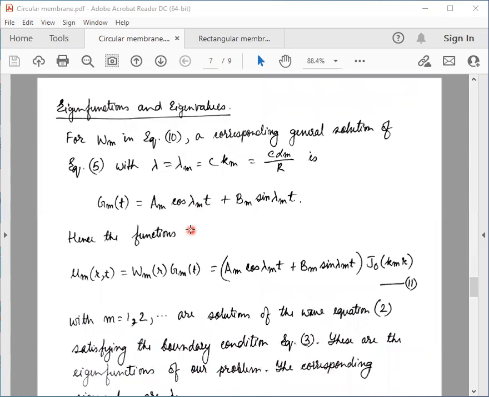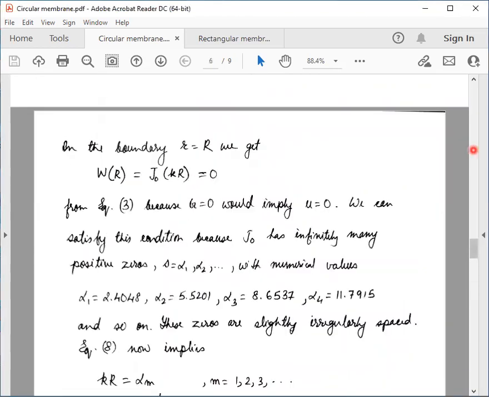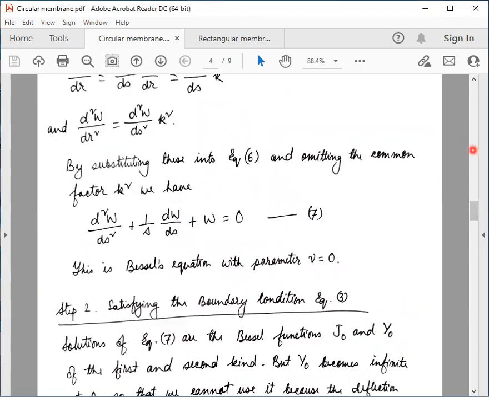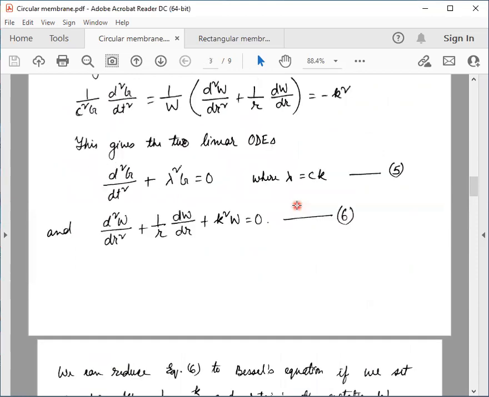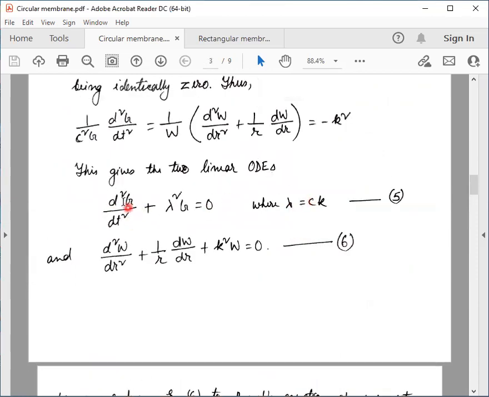Now let us find the eigenfunctions. Now for Wm in equation number 10, a corresponding general solution of equation number 5. And what is equation number 5? Equation number 5 is the time-dependent equation for G: d2G by dt square plus lambda square G equal to 0. Now we know that this value of k is quantized, and the possible values of k are given by km.